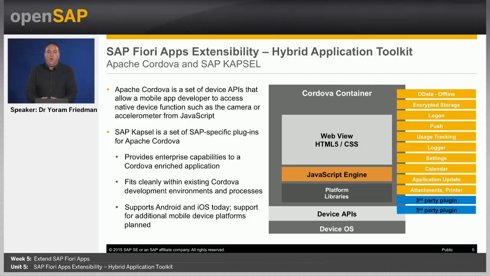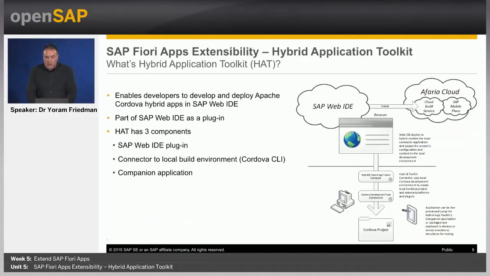Now, the Fiori client is based on those specific APIs, the Cordova out-of-the-box APIs with some of the Kapsel plugins. But you can also create your own client. You can create your own Cordova application that uses those APIs with the Kapsel extensions, replacing the standard Fiori client if you need additional functionality. To achieve that, we provide today a tool called the Hybrid Application Toolkit, which is part of the Web IDE.